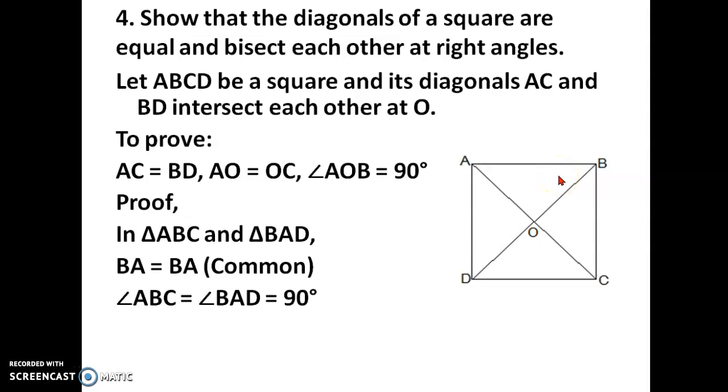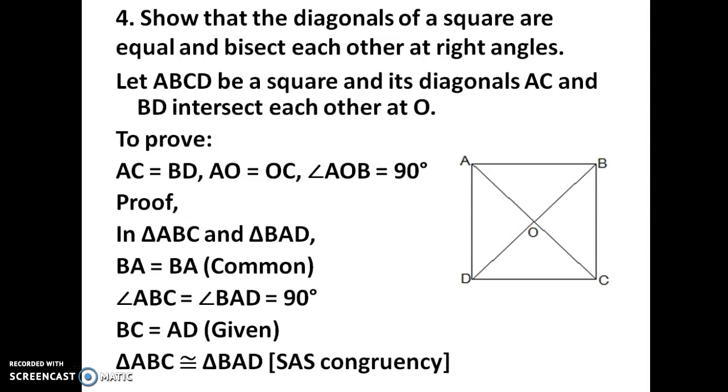Okay, why? Because it's a square where you have the angle as 90 degree. And BC equal to AD. BC and AD are equal. Why? Because opposite sides of a square are equal. Okay, so by SAS congruency, you can say that these two triangles are congruent.